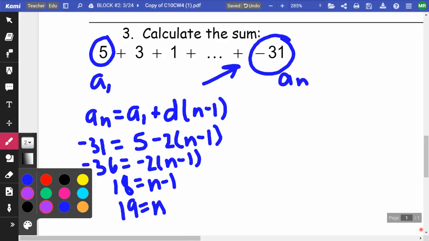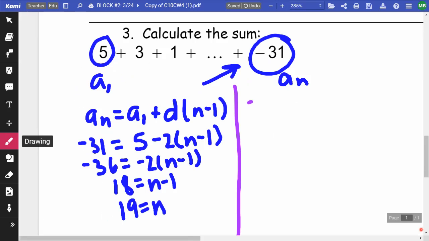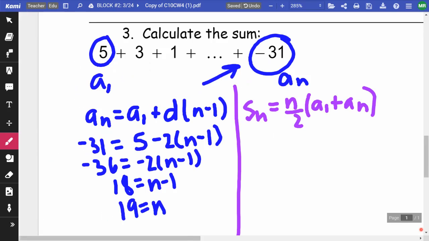So now I can use the formula. S sub n is equal to n over 2 times A1 plus A sub n. My S sub 19, because I'm trying to find 19 terms, is equal to 19 over 2. My first term is 5.